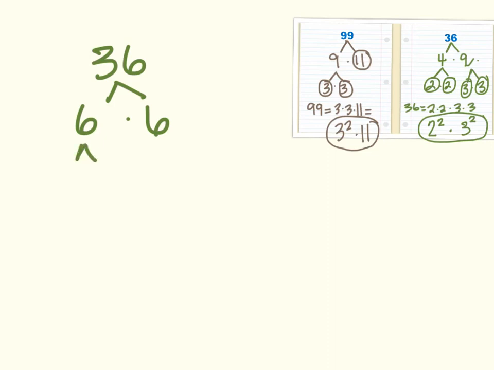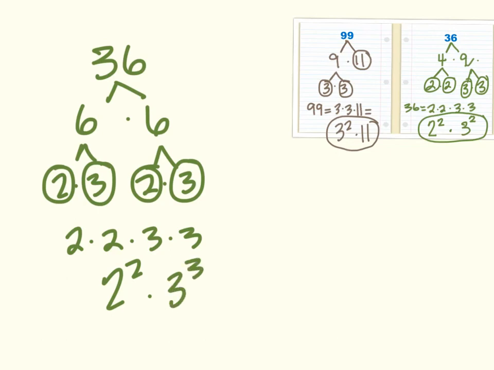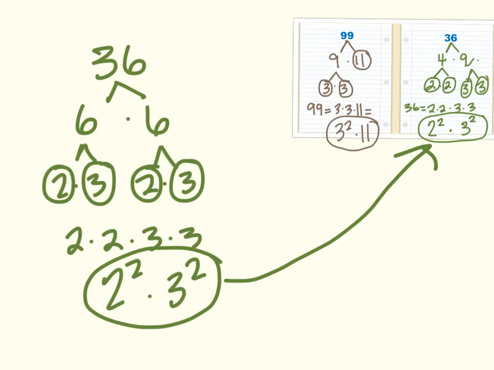Because 6 times 6, all right, 6 is 2 times 3. 2 and 3 are prime, and then I have 2 times 3. 2 and 3 are prime, so that would equal 2 times 2 times 3 times 3, which is 2 to the second power times 3 to the second power. Oops, not third power. Second power. So that's exactly what we got over there.